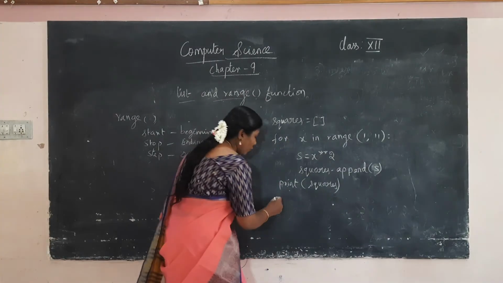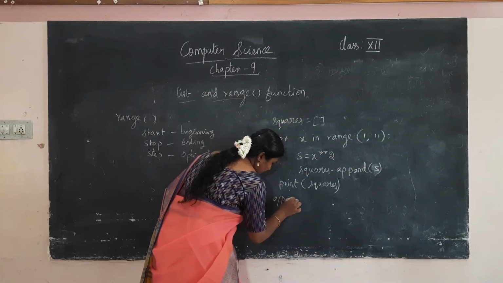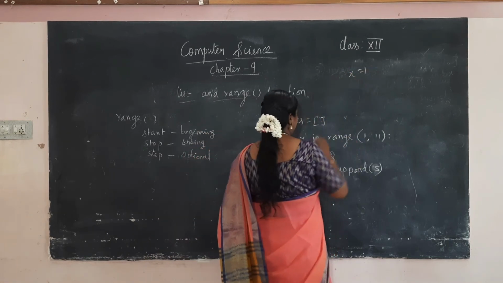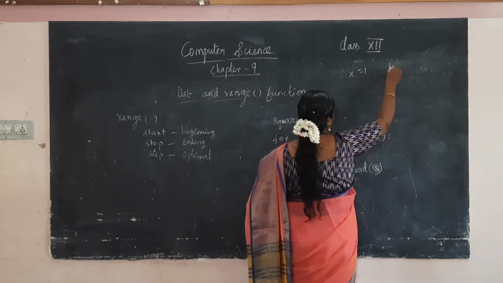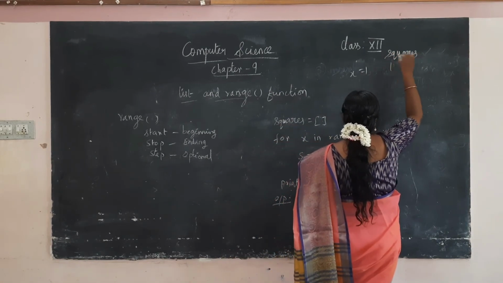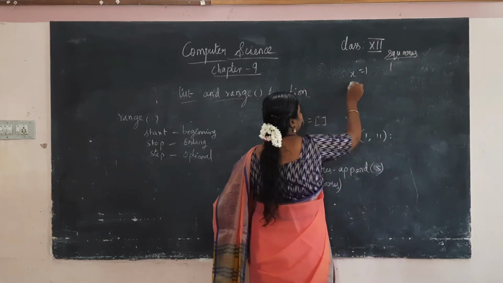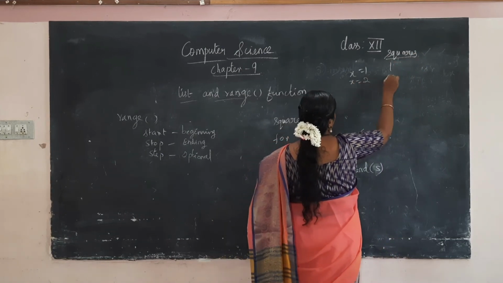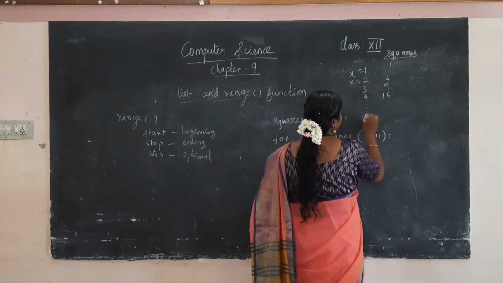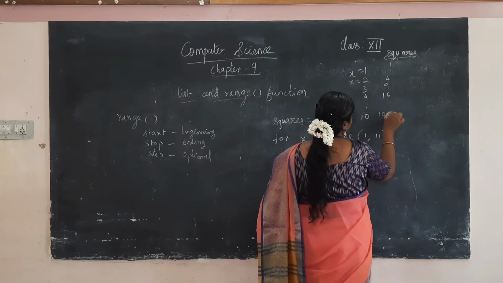So what will be my output? First x is equal to 1, then I will have 1 square, that is 1. In the squares list it has been appended, and then x is equal to 2, I will be having 4, 3, 9, 4, 16, like that will go up to 10 and I will be having 100.